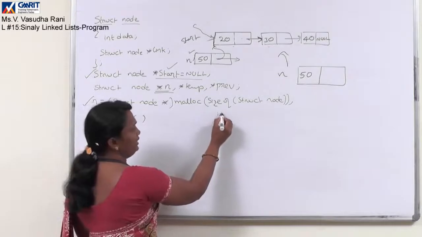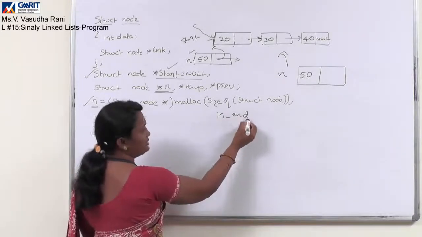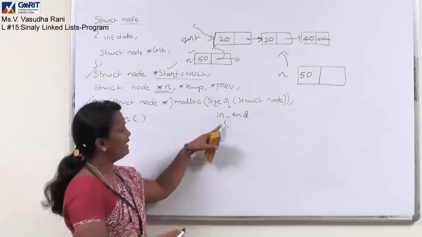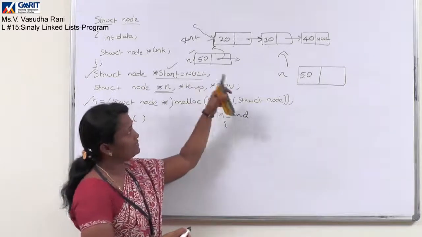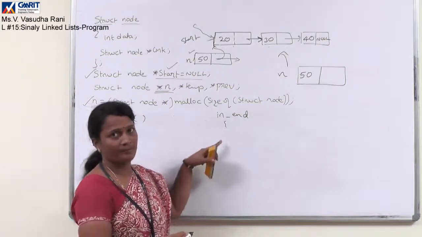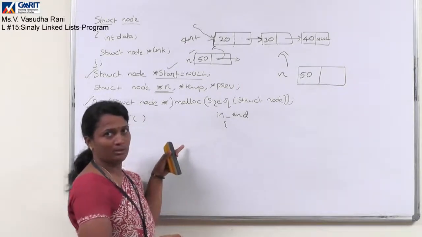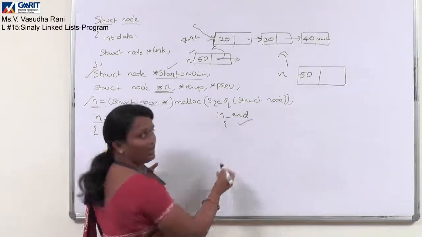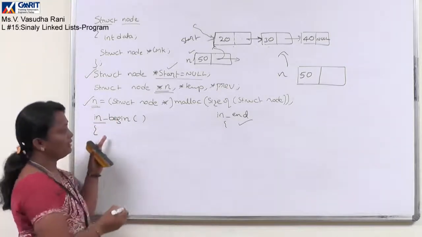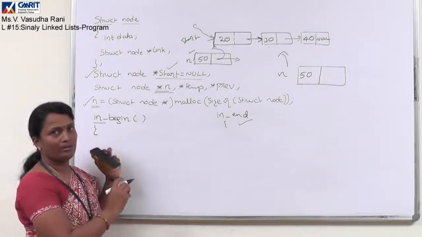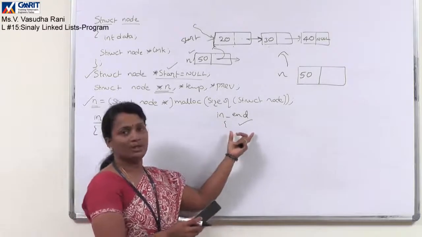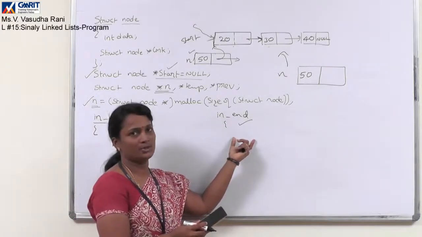Actually, in insert end, we have handled the case where the list given is empty, making the end node as the begin node. So as we have handled that there, only through one insertion operation are we going to start with the first node insertion.